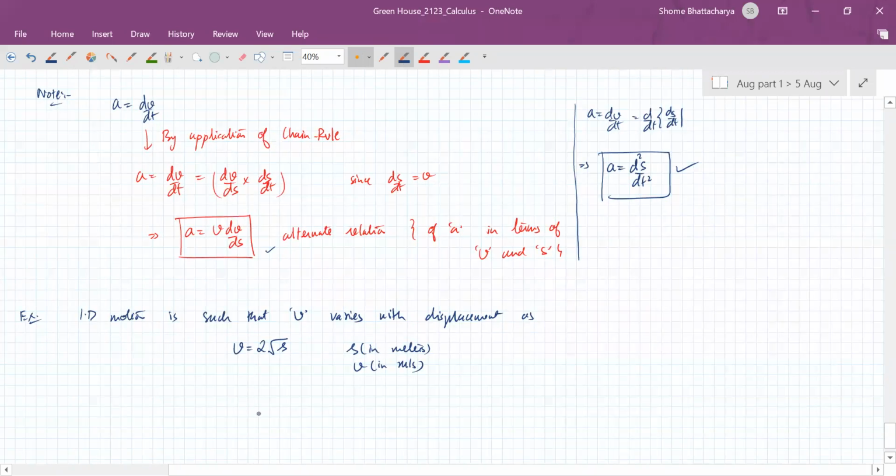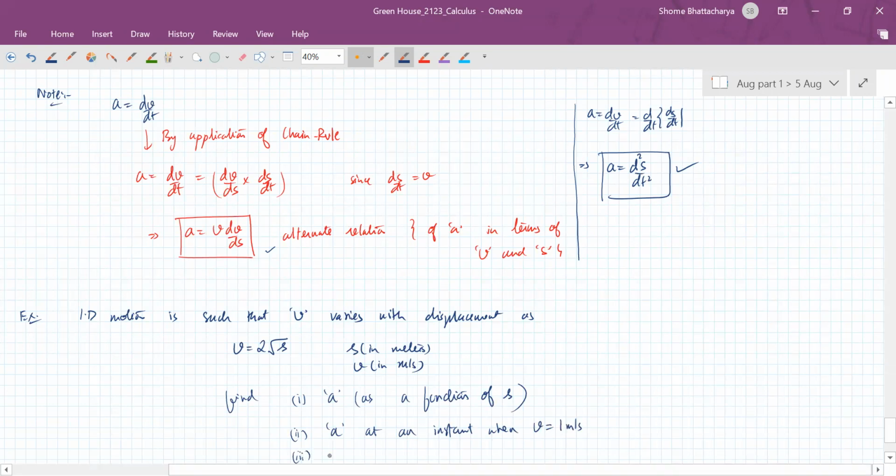So now with this, what we want to do is find, first of all, acceleration as a function of the displacement s. And from that, we want to find acceleration at an instant when v is equal to 1 meter per second.